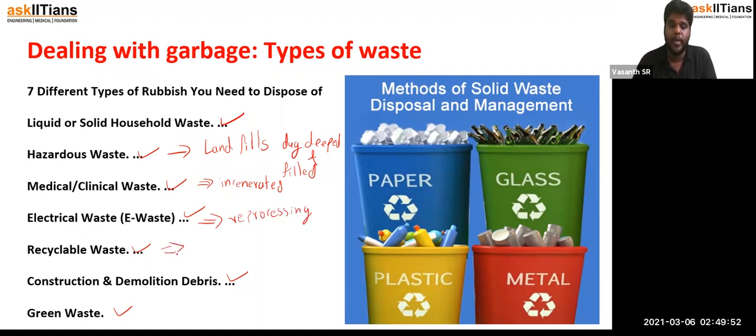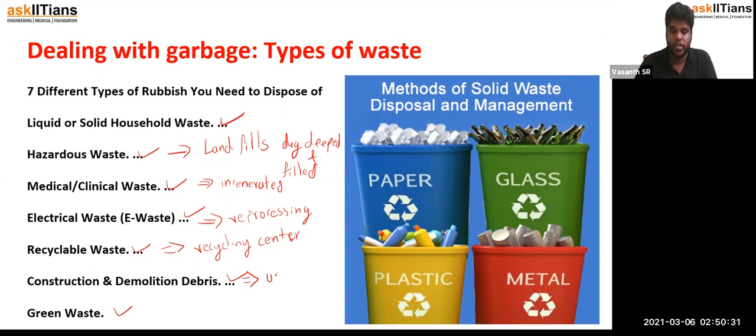Recyclable waste is anything that can undergo processing again and later be made into a different product, or it is sent to the recycling center. Construction and demolition debris is usually used in filling up the basements of other houses, which is an effective way of getting rid of debris, or to raise the level of places during construction.